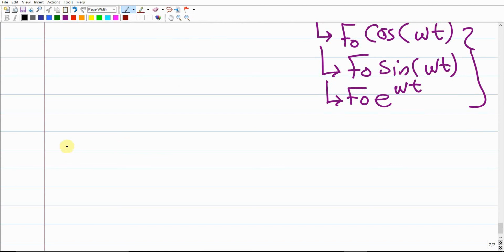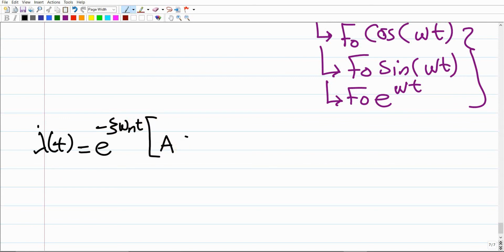Then solving for the current, it should be the total current. We said that it has a homogeneous part, and the homogeneous part can be generally written as e to the power of negative xi omega n t times A, which is just a constant that depends on the initial condition, cosine of omega d t, plus B sine omega d t.